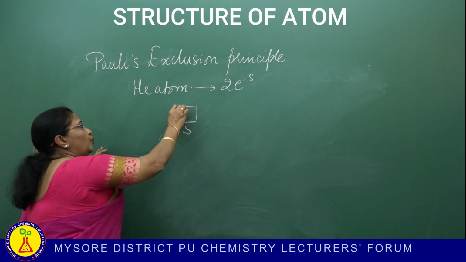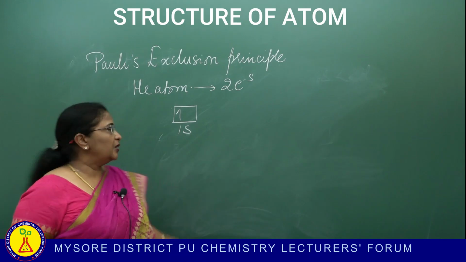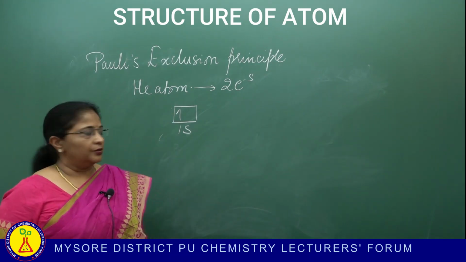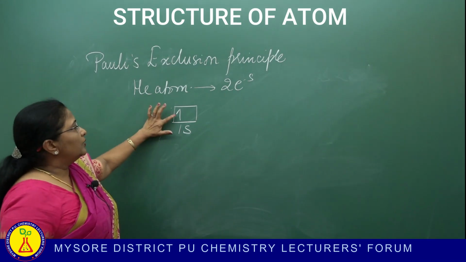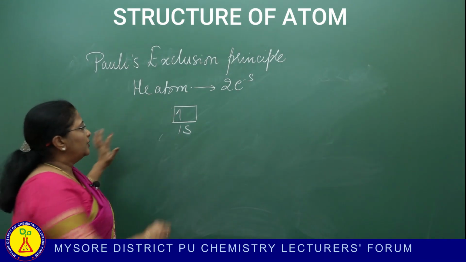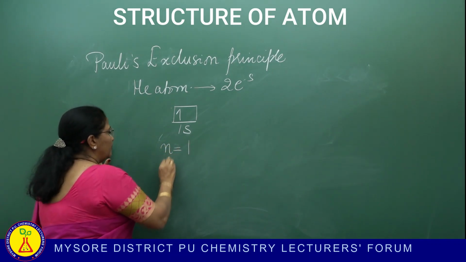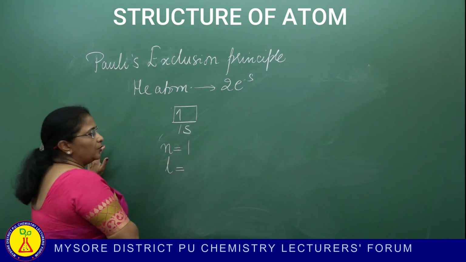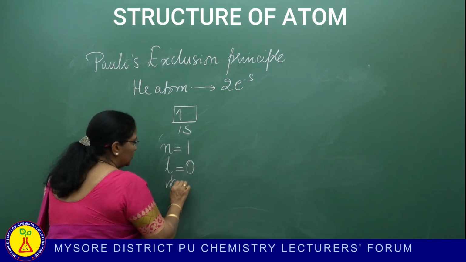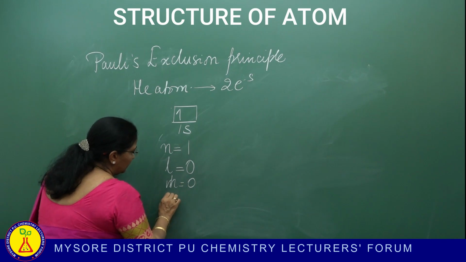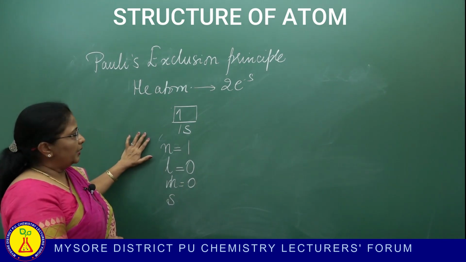The electrons are represented by half an arrow. If I put one electron like this, for this electron n is going to be equal to 1, L is equal to 0 and m will be equal to 0, and then you have S, or the spin quantum number.